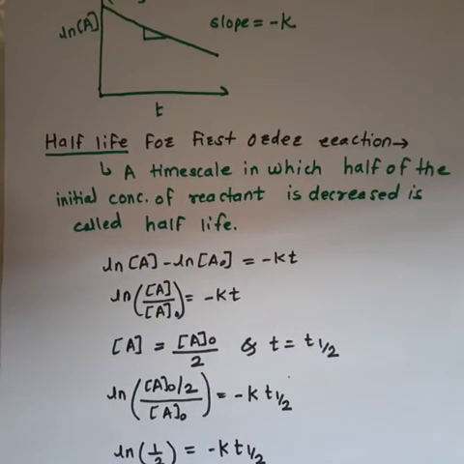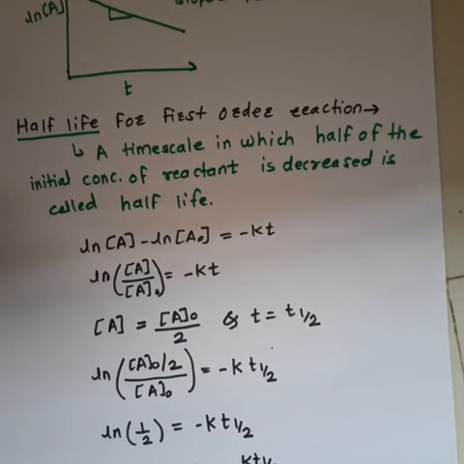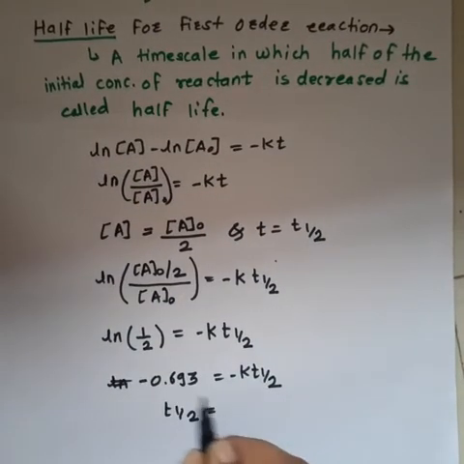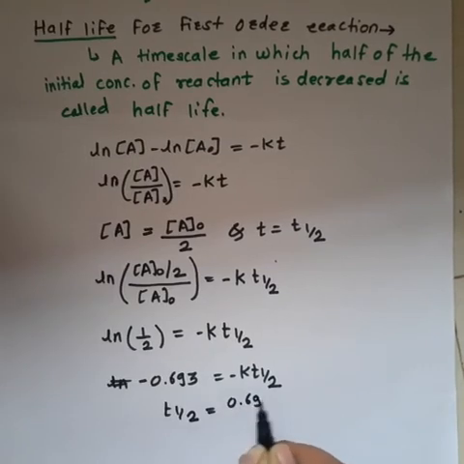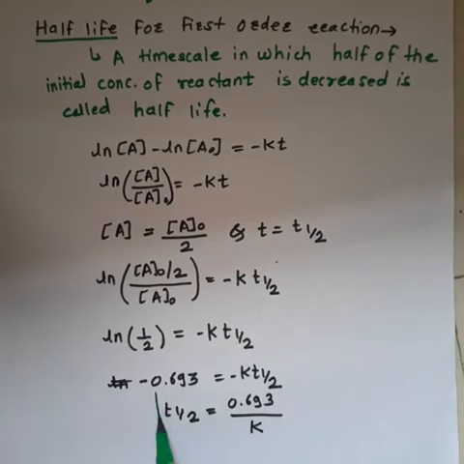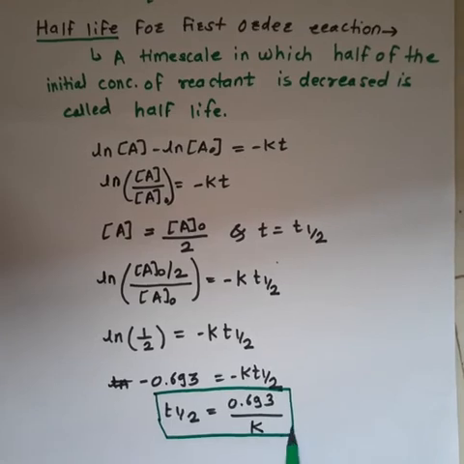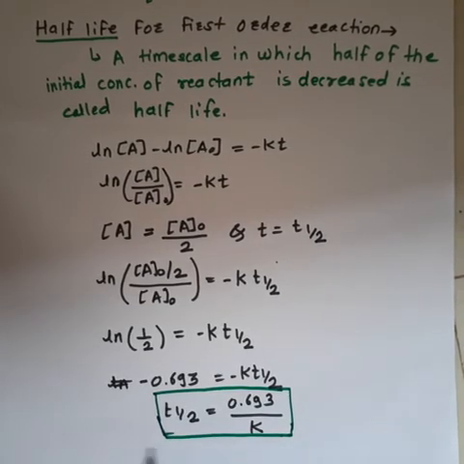So ln of 1 by 2 is equal to minus 0.693, equal to minus k t1/2. So t1/2, the half life of a first order reaction, is 0.693 upon k. So this is the expression for the half life of a first order reaction.